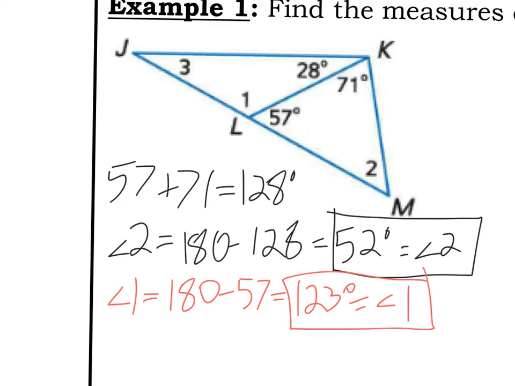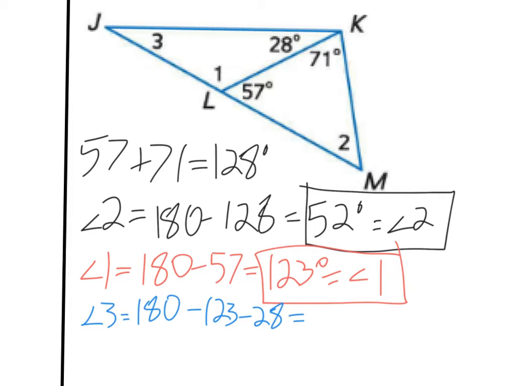And so if angle 1 is 123, and we also know that this is 28 degrees, then angle 3 will equal 180 minus 123 and 28, which is going to equal 29 degrees. And so that's everything on this first triangle right here.